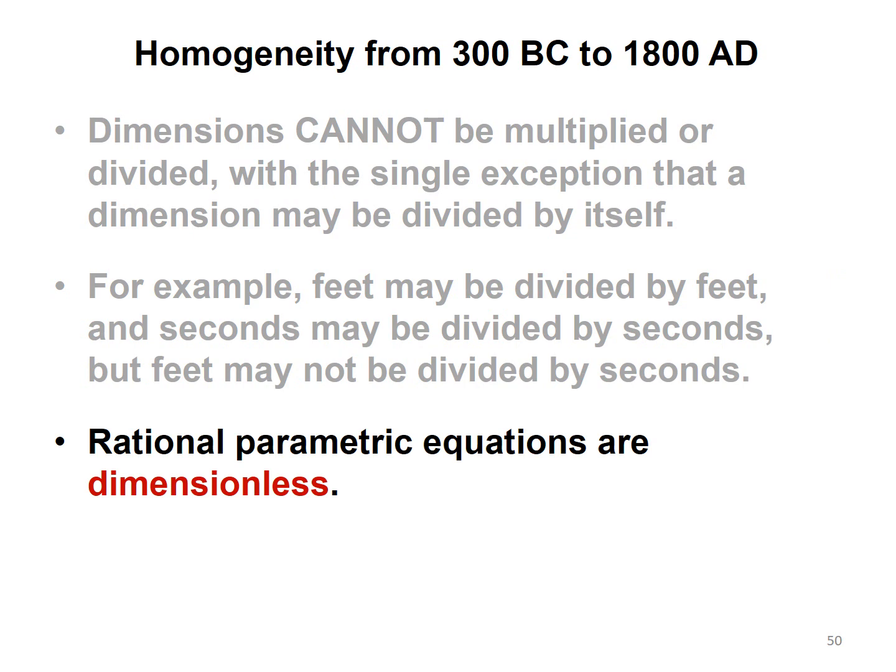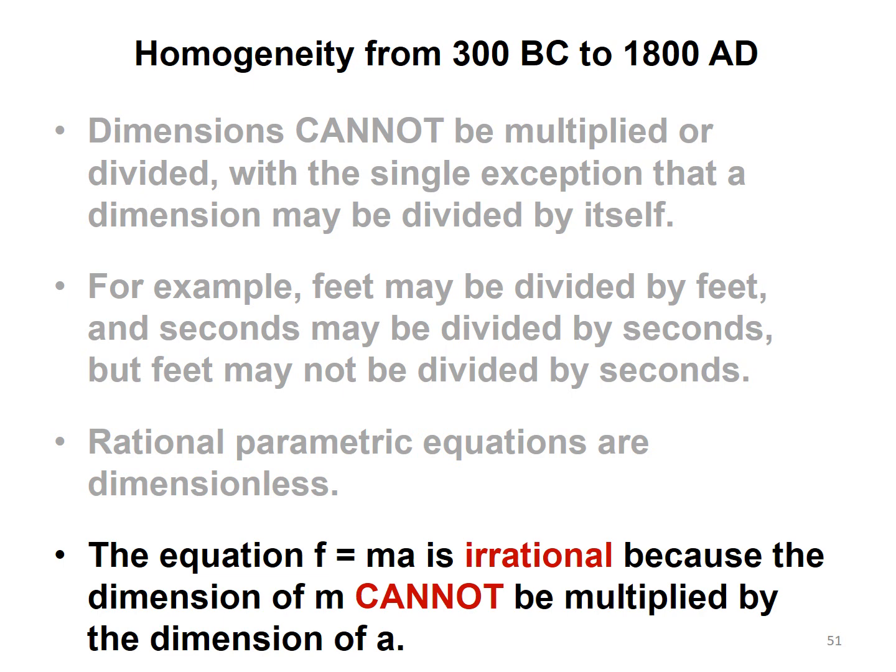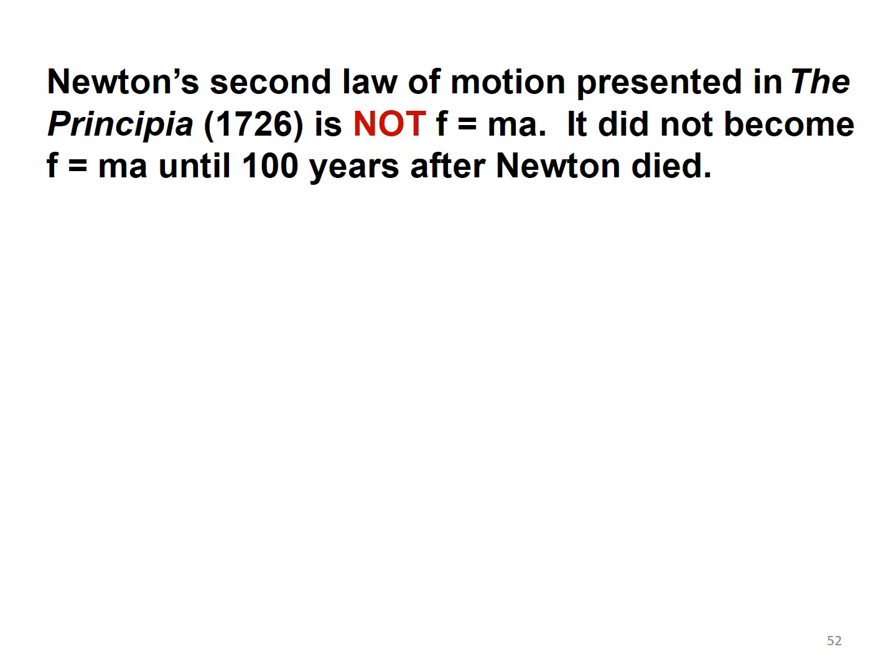Rational parametric equations are dimensionless. The equation F equals ma is irrational because the dimension of m cannot be multiplied by the dimension of a. Newton's second law of motion, presented in the Principia, is not F equals ma.